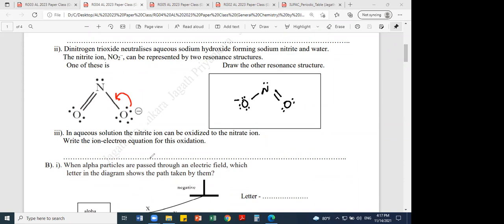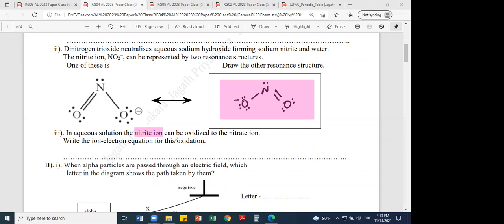Usually in the exam you have to put double-headed arrows if they are resonance structures. Please raise your hand if you got this answer. Very good. Then part 3. In aqueous solution, nitrite ion can be oxidized to nitrate. Write the ion electron equation for this, that means the ionic half reaction.